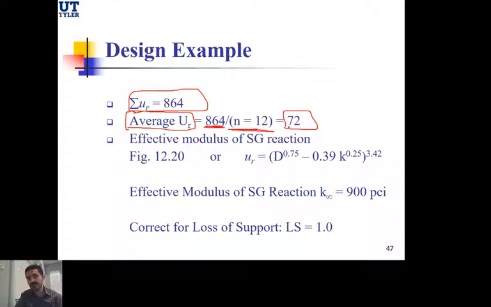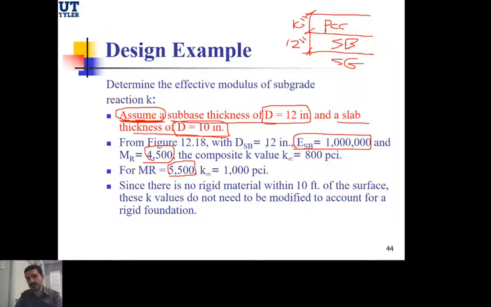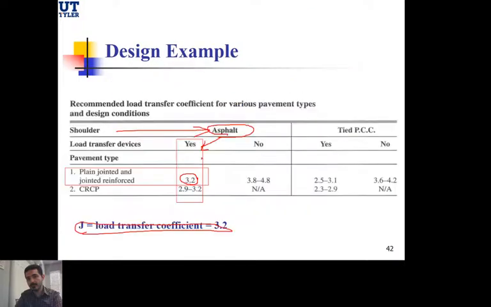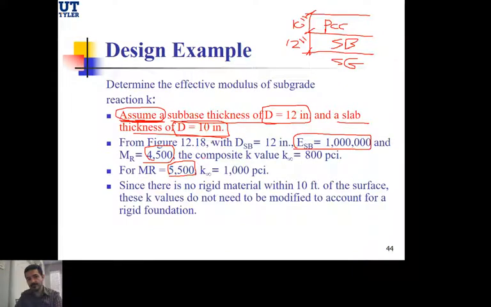So once we get this, we can get now the effective modulus of subgrade reaction using the same equation. Now I know that this is 72. The D here, remember, is the thickness of the PCC layer, which is again another reason why we had to assume a thickness for the PCC layer. In this case, I believe we assumed that it was equal to 10 inches.